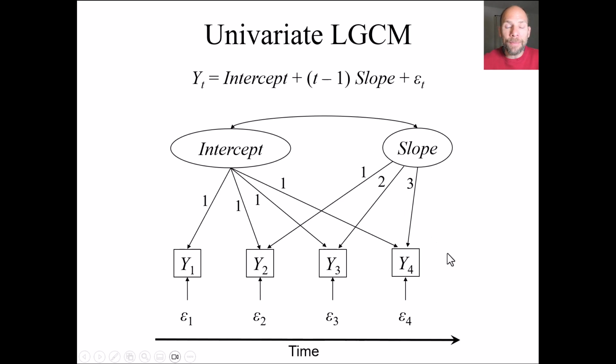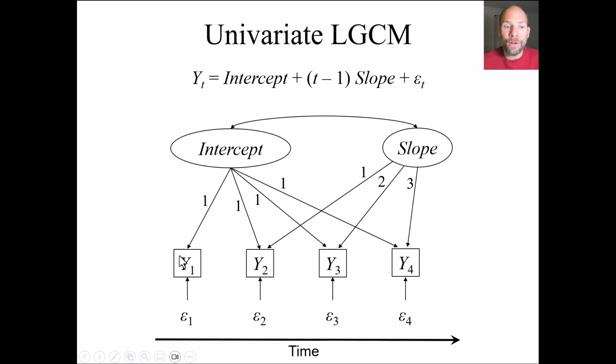We can describe this model with a single measurement equation in the confirmatory factor analysis framework, where we have a time-specific outcome variable yt, which represents our measured anxiety scores, and that variable is dependent on an intercept factor that represents the true anxiety scores at time 1.